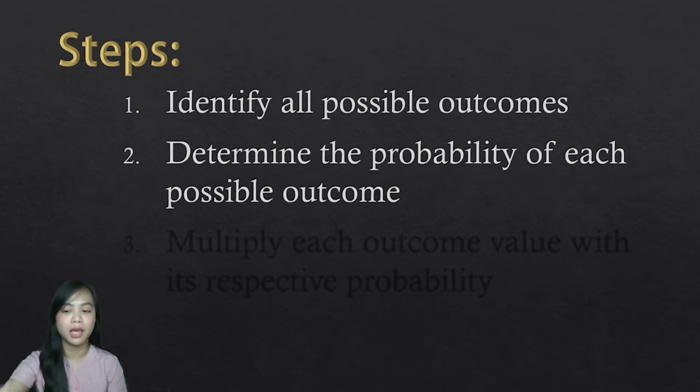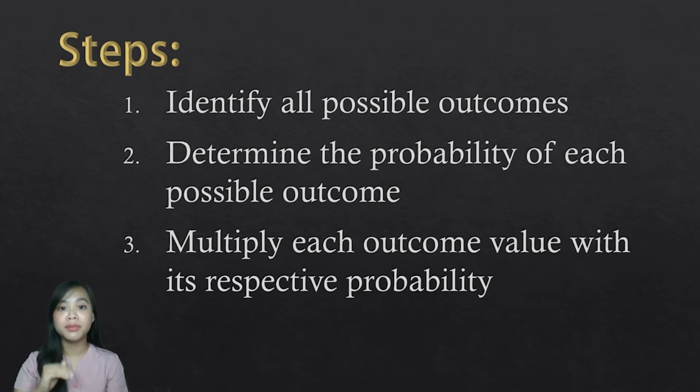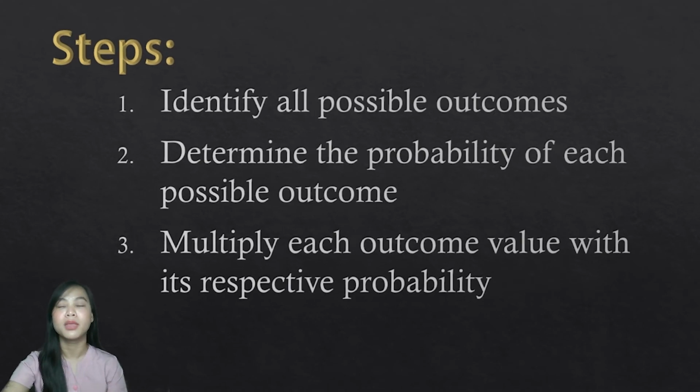For the third step, this is where we get the mean. We need to multiply each outcome value by its respective probability, so x multiplied by its probability.